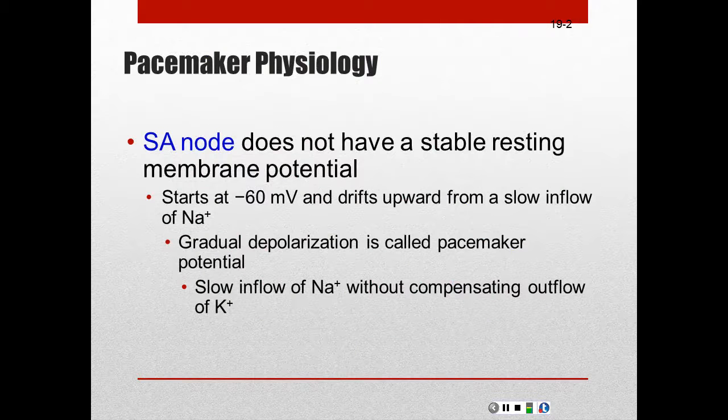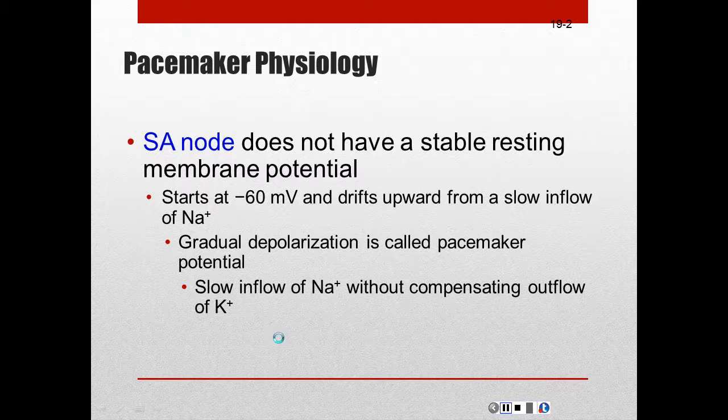So let's look at the SA node. The cells of the SA node do not have a stable resting potential. Instead, the membrane potential starts at about negative 60 millivolts and drifts upward in a gradual depolarization called a pacemaker potential.